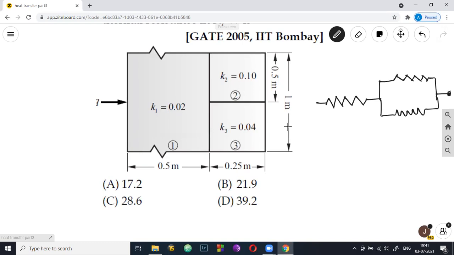This is one junction, this is another junction. So this is your R1, this is your R2, and this is your R3.